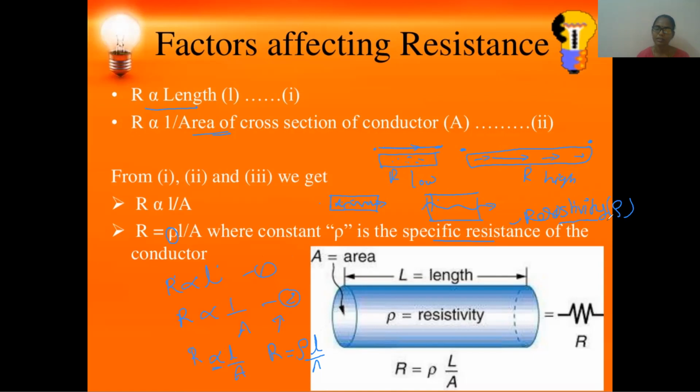This resistivity depends upon the material. It does not change as length or area increases. But resistance depends upon length and area. Resistivity is the nature of the material. That is given by rho equals R A by L. While solving problems, this is very important.